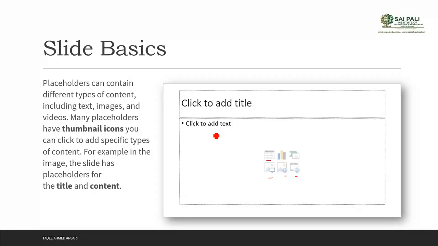For example, here in this image, you have one title placeholder and then one placeholder for content, where you have these thumbnail icons where you can click to add a table, chart, SmartArt, video from an online source, or image from an online source, or you can add an image from your local machine.